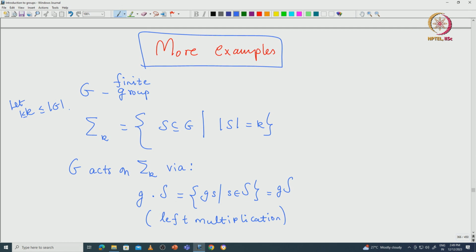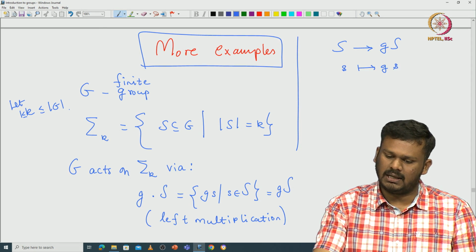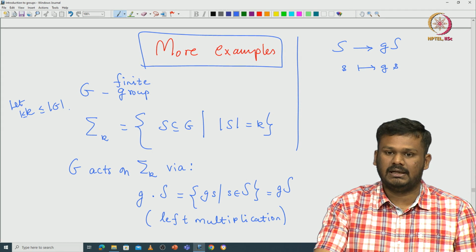So now we have the following question. Why does this gS also have cardinality k? Only then can gS be inside sigma k. So let's look at this map from S to gS, given by small s goes to g small s. So this map is indeed an injective map.